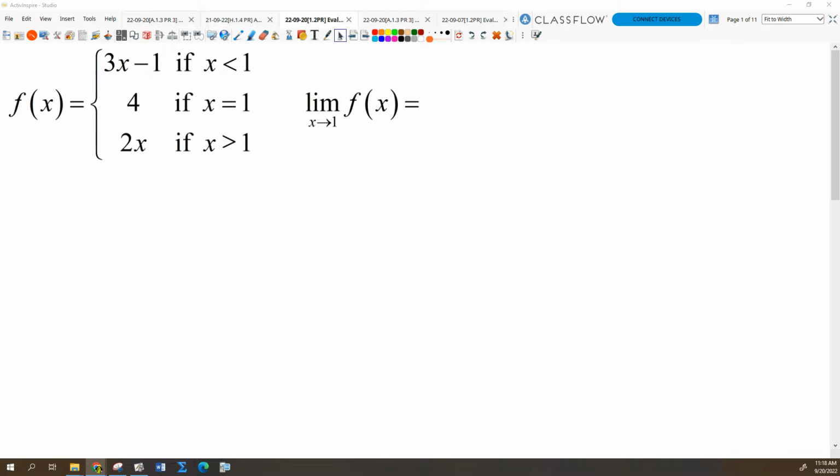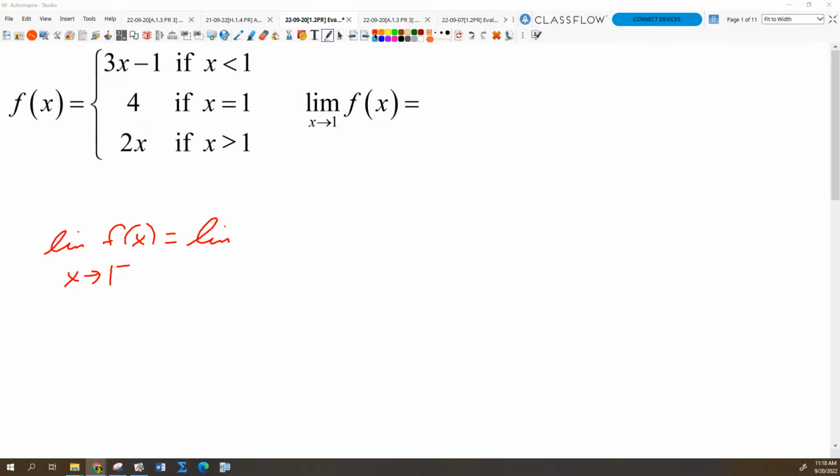And if they do, then that's our limit, right? So we would say the limit of f of x as x approaches 1 from the left would be the limit of what expression? Top one, good.